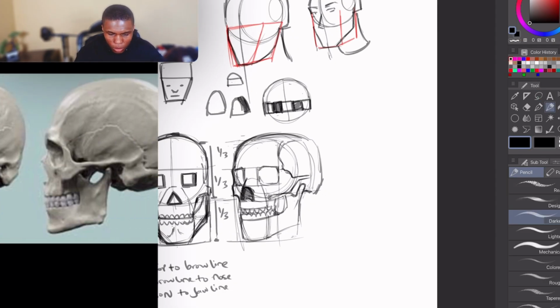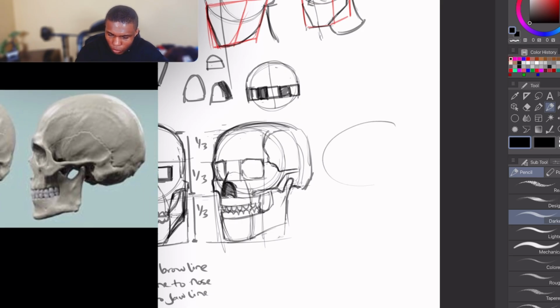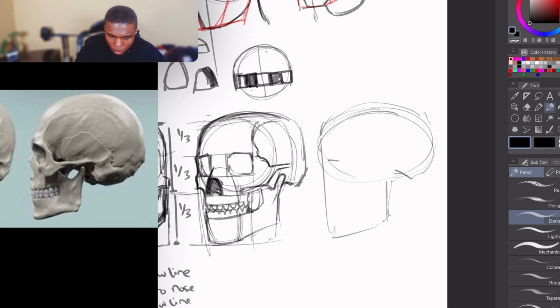And then we'll have our side view. For the side view, you can use a sphere, of course, and then you eventually extend it, or you could just do an ovoid shape, like I talked about, and then add your box like this. Then you'll be good to go. Add your maxilla.